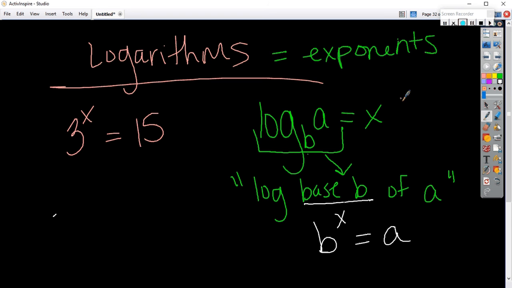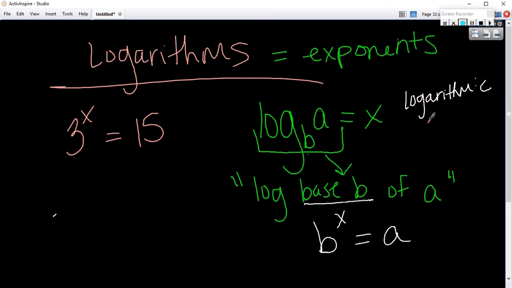This is what we call logarithmic form. This is what we call exponential form. And so to be good with logs, you have to be able to fluidly go from one form to the other.